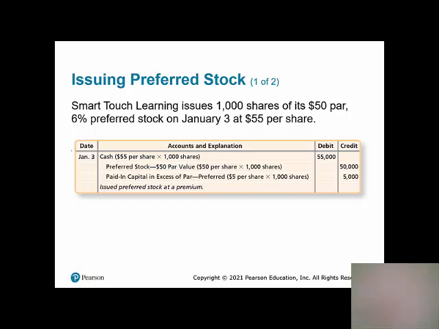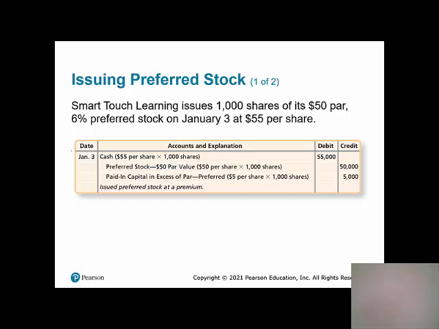So in this example, Smart Touch Learning issued 1,000 shares of $50 par value 6% preferred stock at $55 per share. So how much money did we receive? We received $55,000, which is 1,000 times $55. So we would debit cash for that amount, and then we would credit the preferred stock for just the par value amount.